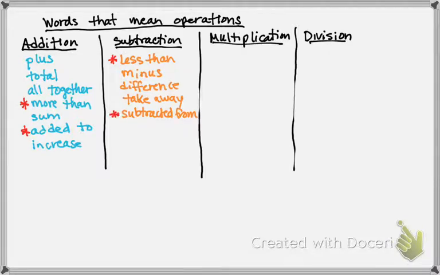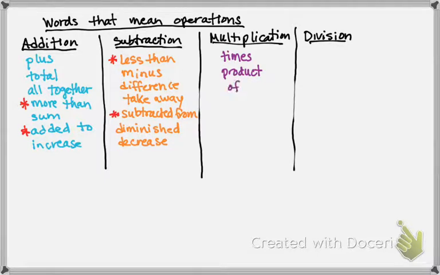Diminished. That's an interesting one. That's going a little more old-timey, diminished. And then decrease. Okay? So next, let's talk about words that tell us to multiply. And we don't have so many of them. Times is probably one of the most popular ones. Product is the answer to a multiplication problem.